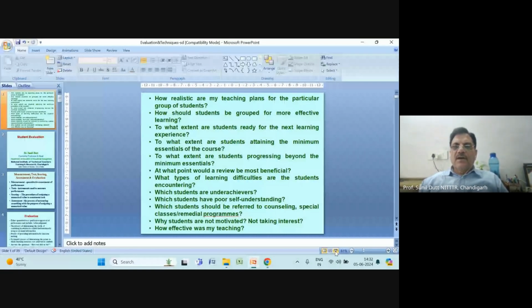So, friends, as teachers, we are teaching theory subjects in classrooms and conducting practicals in the laboratory and workshops. During instruction in the classroom and while conducting practicals, we come across a variety of questions for which we need answers or solutions.